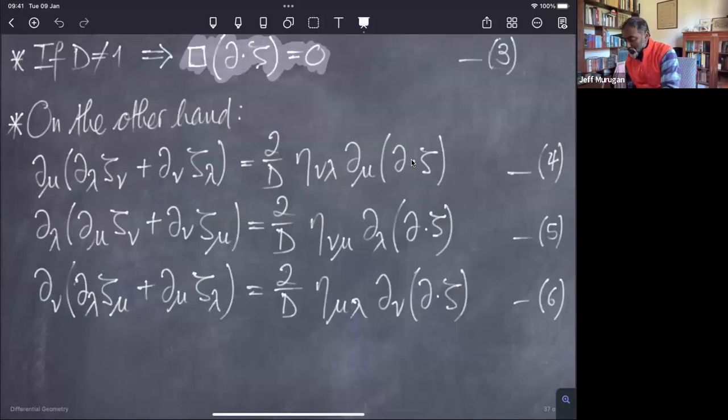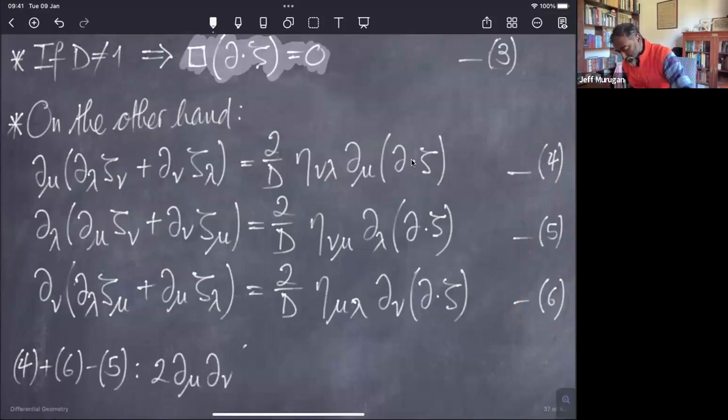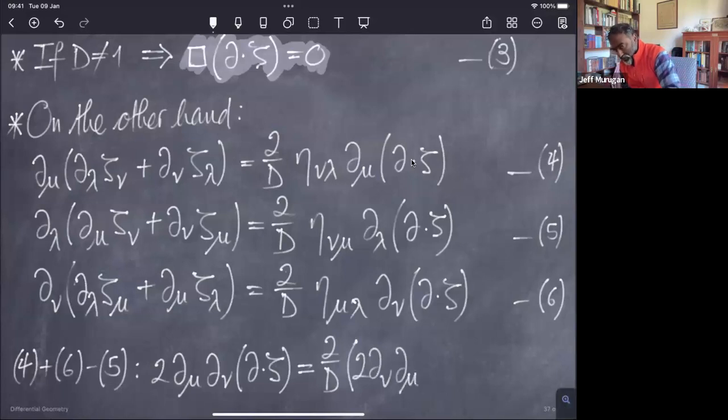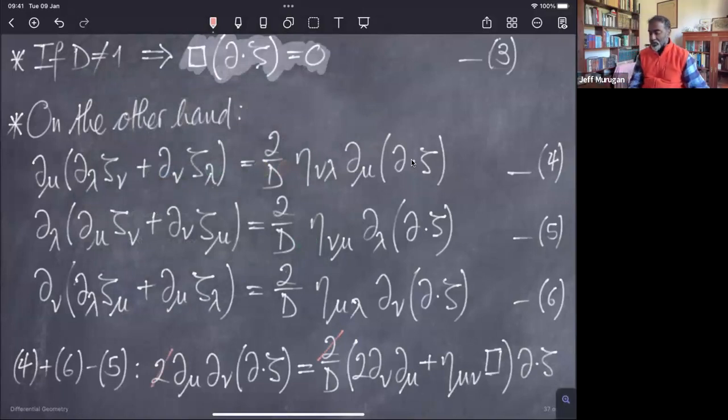And then if you remember what we did, we went 4 plus 6 minus 5, which gives us a combination that looks like this: 2 d mu d nu of d dot zeta is equal to 2 over d times 2 d nu d mu plus eta mu nu times the D'Alembert acting on d dot zeta. Okay. There are factors of 2 that I can cancel on the left-hand side and the right-hand side of this expression.